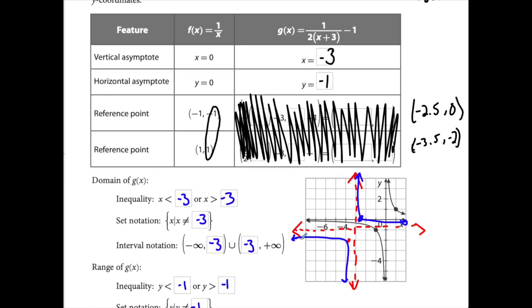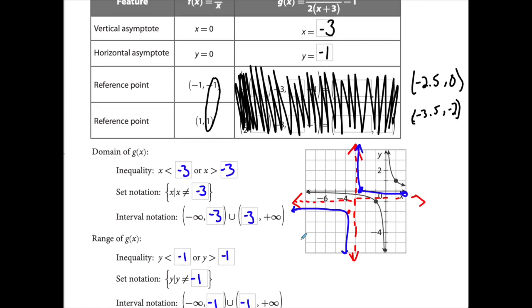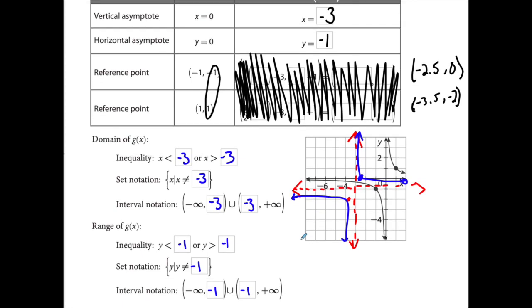Okay, so things to think about. We've got to think about some patterns that we're noticing and how those patterns are manifesting themselves in the points that we're finding. But if we can put together our vertical asymptote and our horizontal asymptote, we're going to have a sense of where this graph is, right?